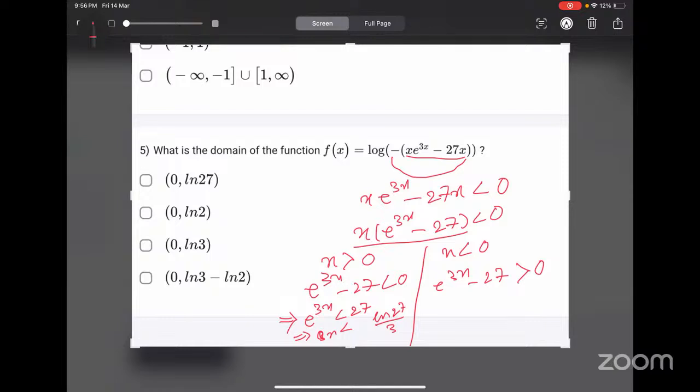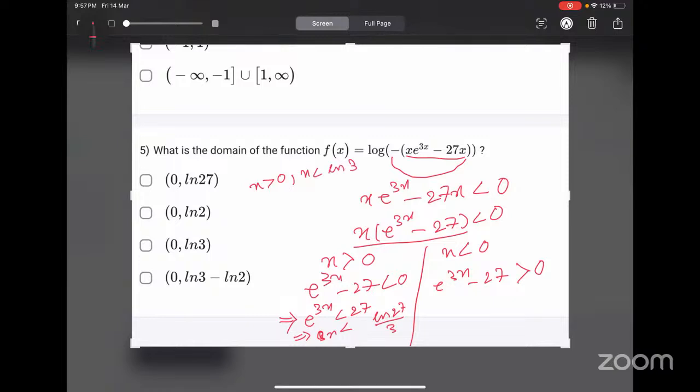Ln 27 we can write as ln of 3 power 3, so it becomes 3 ln 3 by 3, that means ln 3, right? So x is greater than 0 and less than ln 3, from 0 to ln 3. So the third option should be correct, madam.